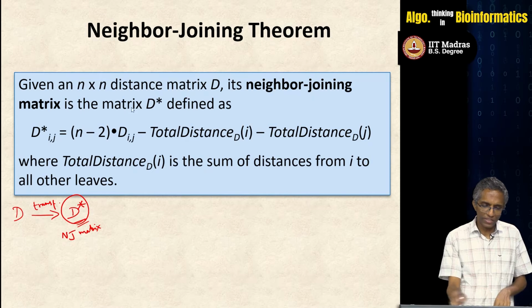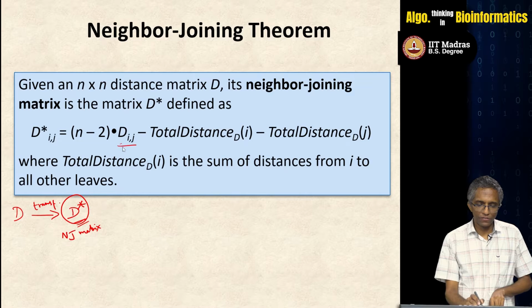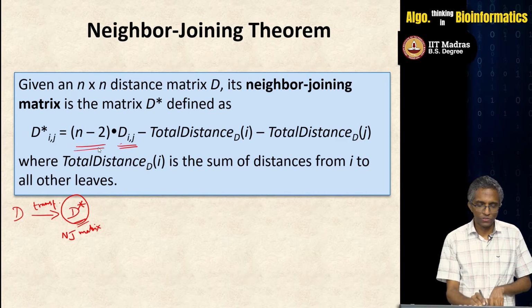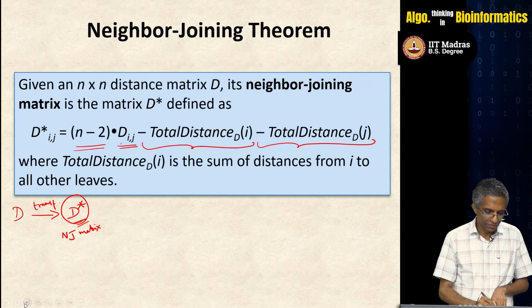The neighbor joining matrix is the matrix D star defined as follows. You get D of i j, the distance from i to j, you multiply it with n minus 2 where n is the total number of leaves, and then you subtract the total distance of i to every other leaf, and you also subtract the total distance of j to every other leaf.